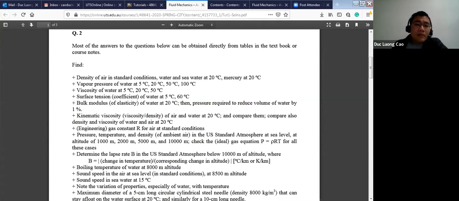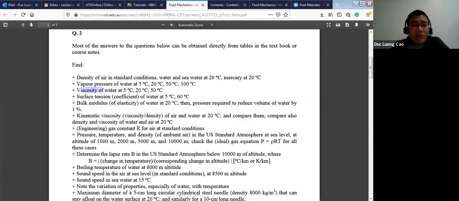Okay, and you have viscosity and kinematic viscosity. Kinematic viscosity equals viscosity over density, because the density of the fluid is almost constant. And how to find viscosity? Use the table.